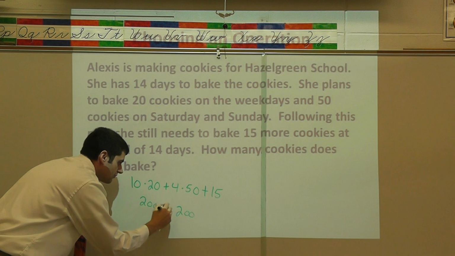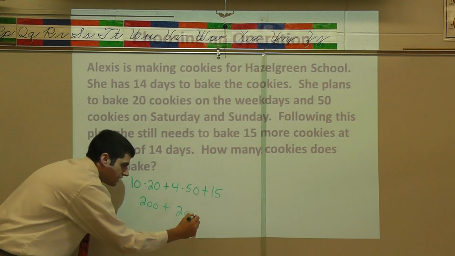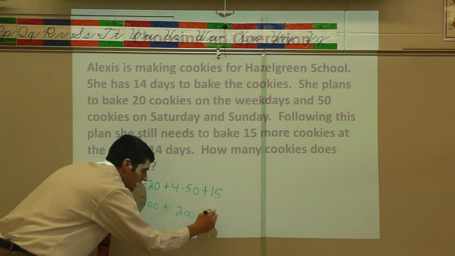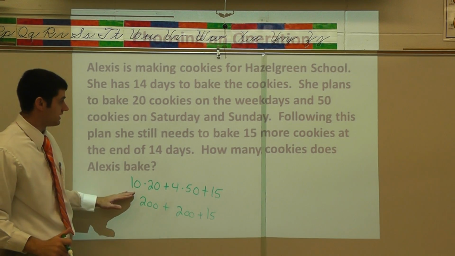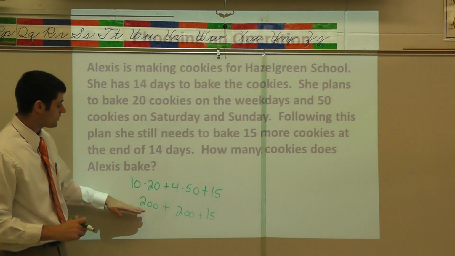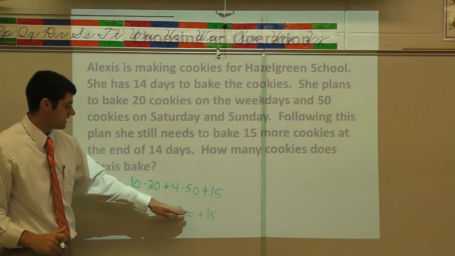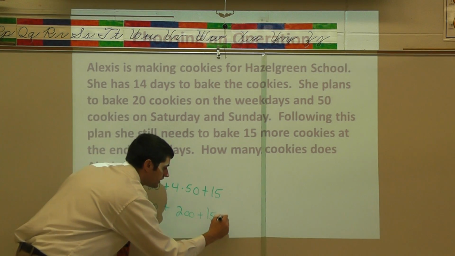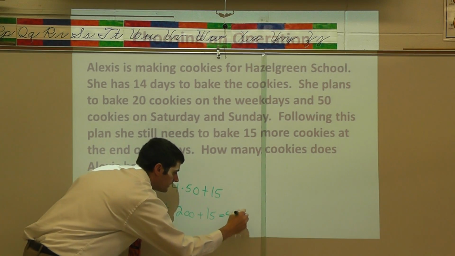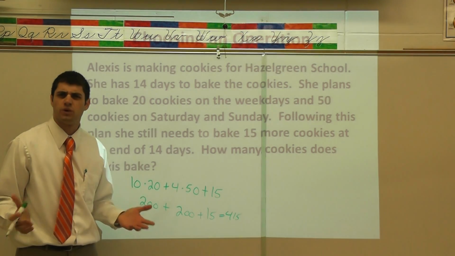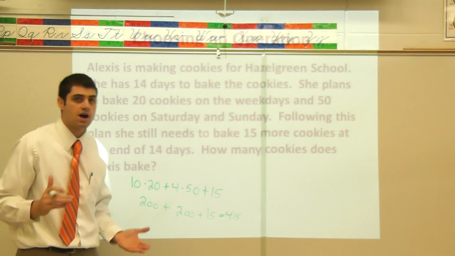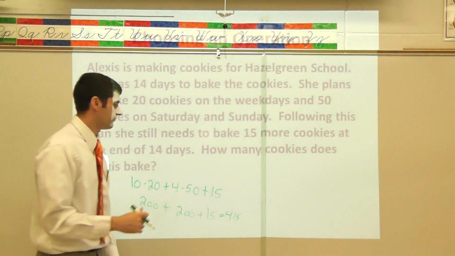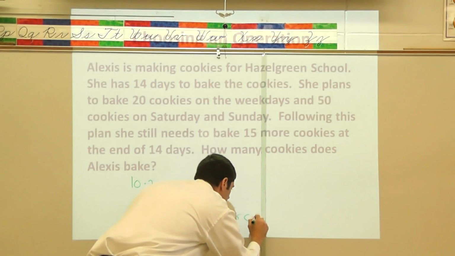Okay, so I bring down my plus sign here, bring down my plus sign here, and my 15. So we said 10 times 20 would be 200, plus 4 times 50, which would become 200, plus 15 becomes 415. 415 what? Days, hours, minutes? Oh, 415 cookies.